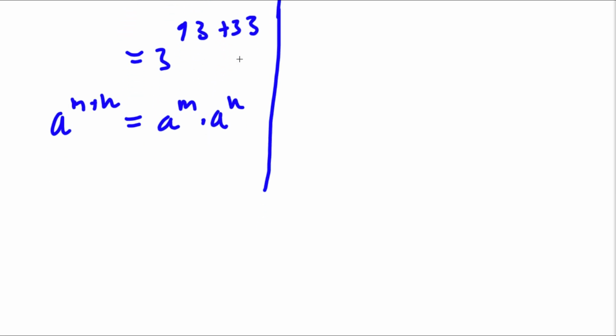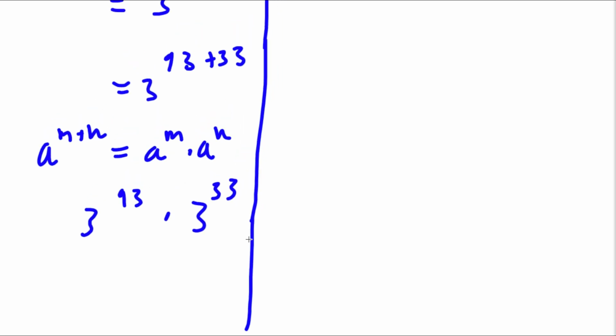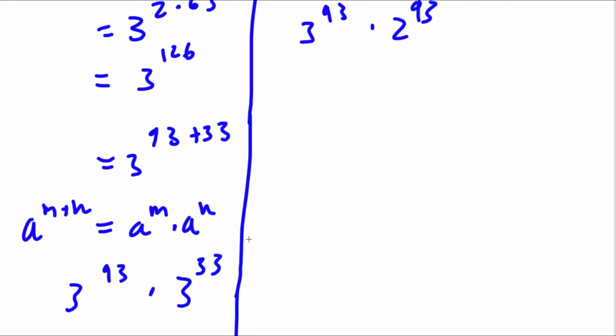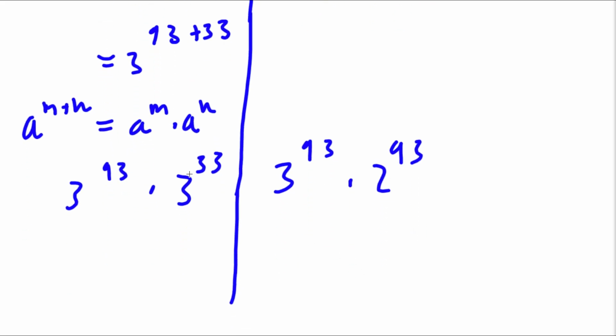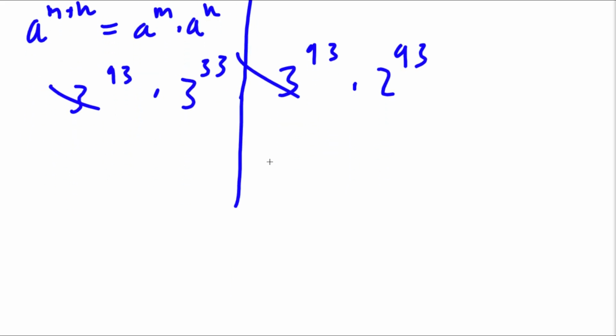So 3 to the power of 93 plus 33, that's going to equal 3 to the power of 93 times 3 to the power of 33. Now for my right-hand side here, I have 3 to the power of 93 times 2 to the power of 93. And as you can see, since both of these have 3 to the power of 93 in them, we can simply cancel these out. So now we are just finding which one is greater between 3 to the power of 33 and 2 to the power of 93.